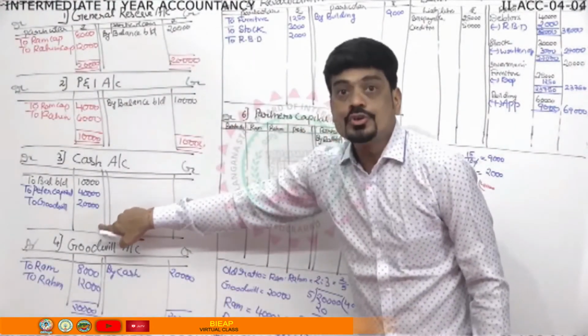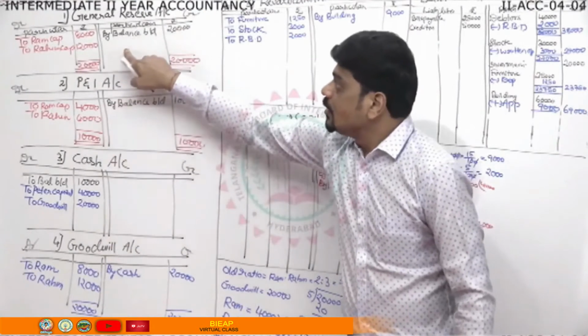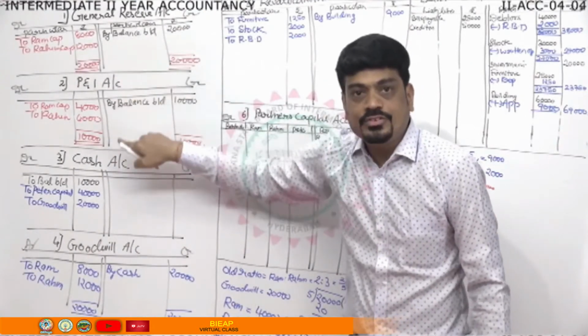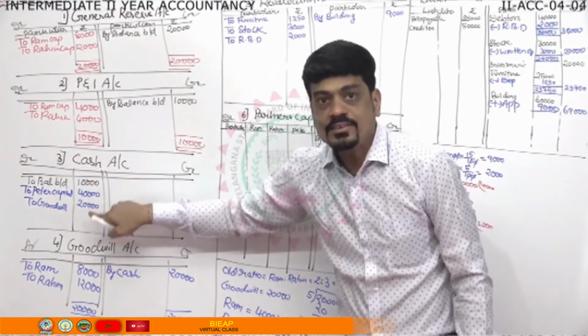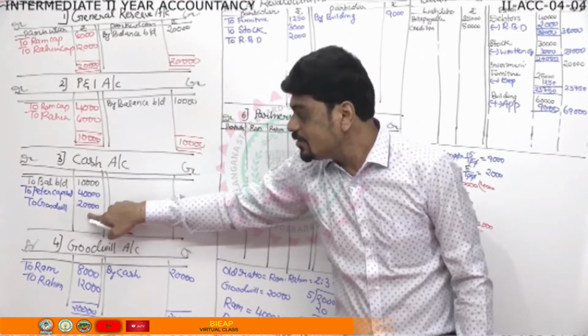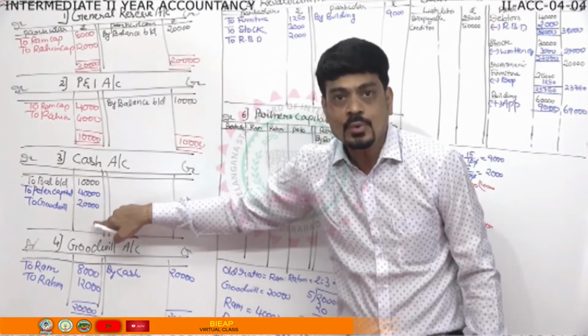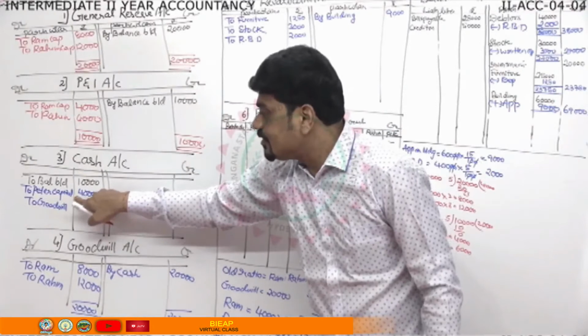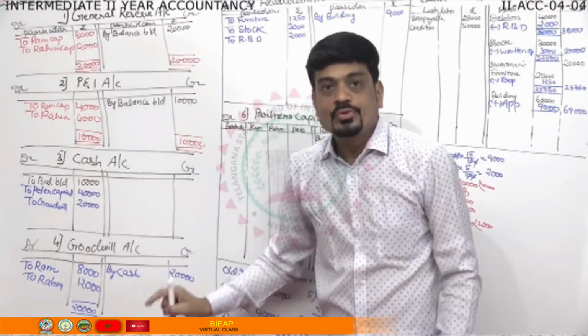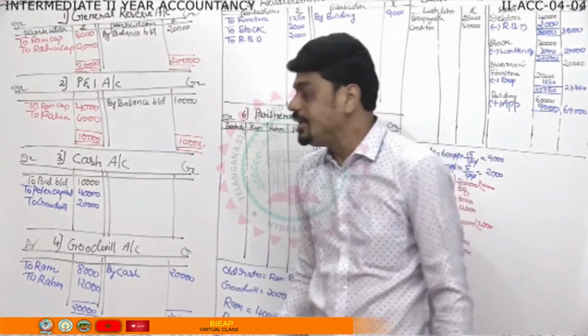Then third account is cash account here. Cash account should be balanced. Accumulated profits were distributed. In the sense, we want to know how much is the balance of cash after the admission of the new partner. So debit side, if you see 40 plus 20, 60 plus 10, 70. So we have new balance of cash 70,000.